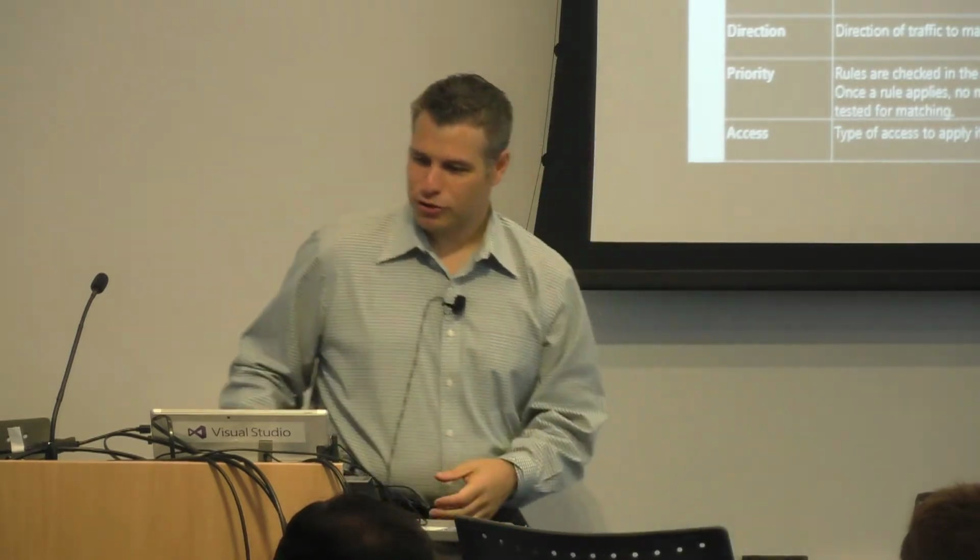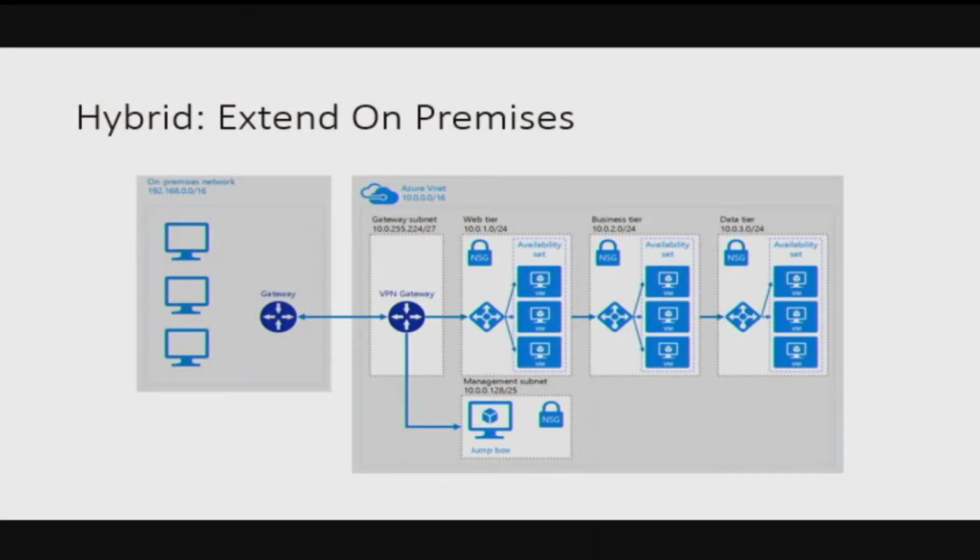Okay, cool. So hybrid is all about how we connect our Azure virtual network to our on-premises network, and there are a few ways we do that. We have VPNs. Point to site gives an individual a client that you install on your computer, and you can connect into a virtual network in Azure over VPN.